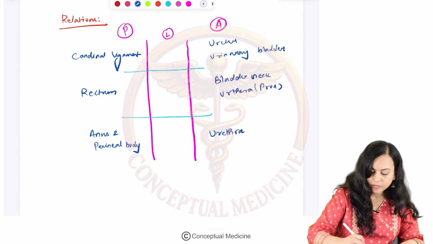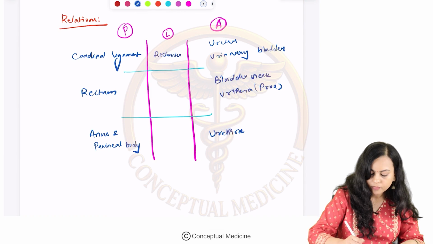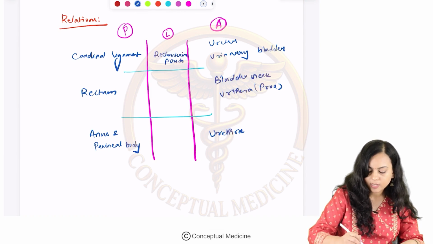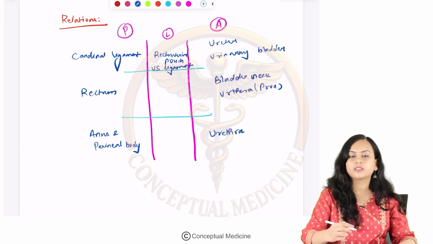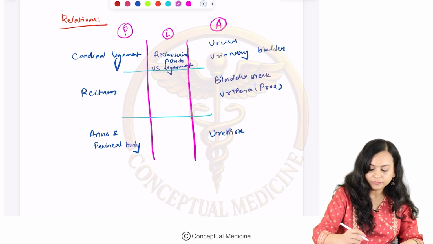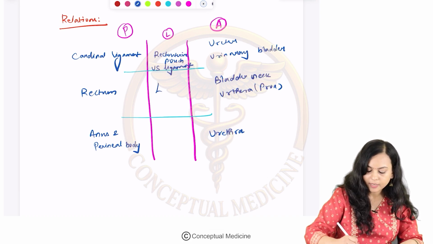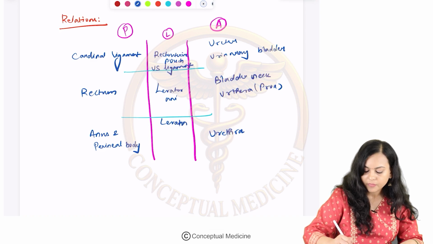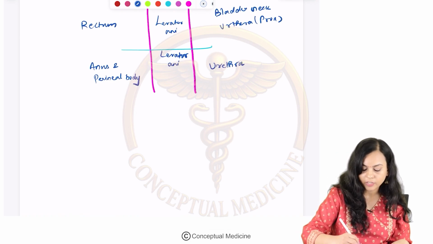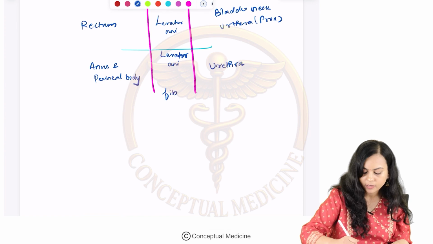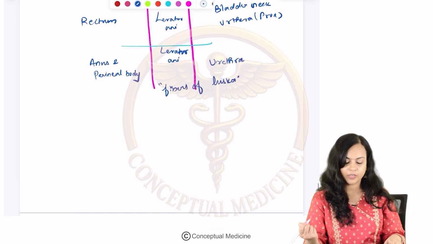On the lateral side, it is the rectouterine pouch or the pouch of Douglas and the uterosacral ligaments in the upper third, and in the middle third and the lower third, we have the muscle, namely levator ani. And the attachment of the levator ani muscle in the lower third of the lateral wall of the vagina is known as fibers of Luschka. Okay.